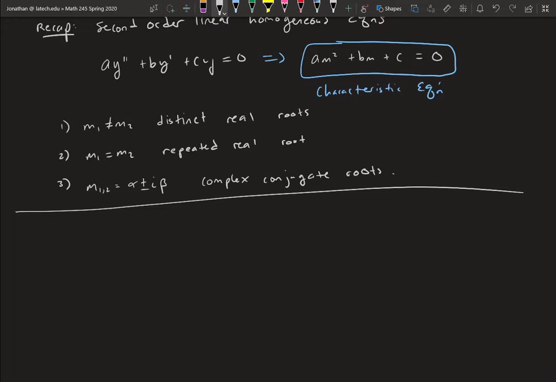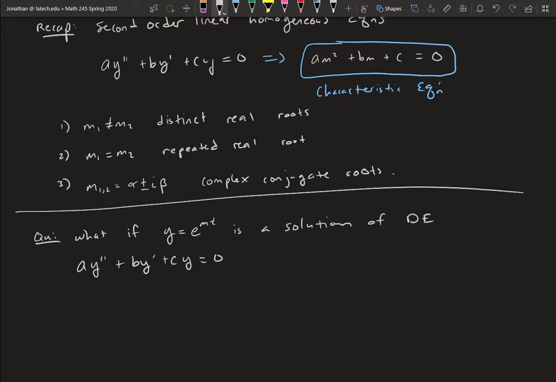Discussion question: what if y equals e to the mt is a solution of the differential equation a y double prime plus b y prime plus c y equals 0, but m is a repeated root?